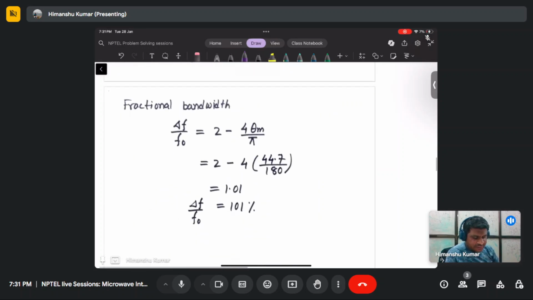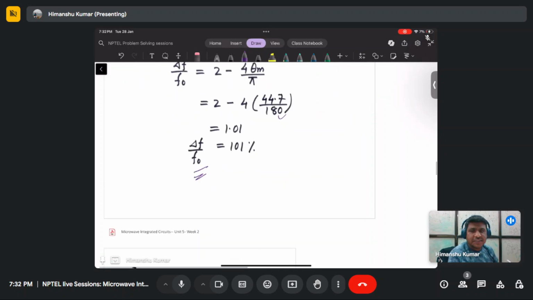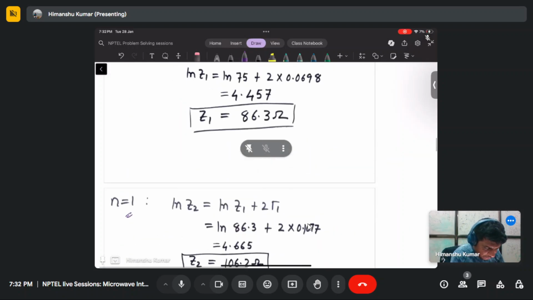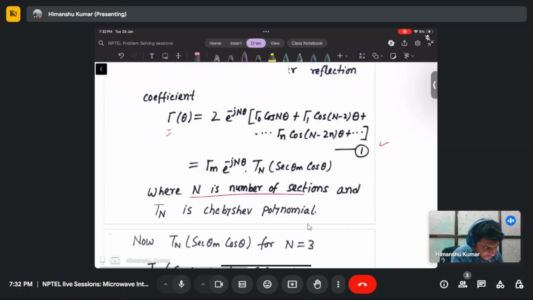The fractional bandwidth is given by this equation. That is basically the quality factor on what you are matching: the total bandwidth in frequency divided by your resonance frequency, which equals 4 times theta m divided by pi. We put in the theta m we found, and pi we know, plug in the values, and we get the fractional bandwidth from this equation. So this was the problem about the matching transformer design.